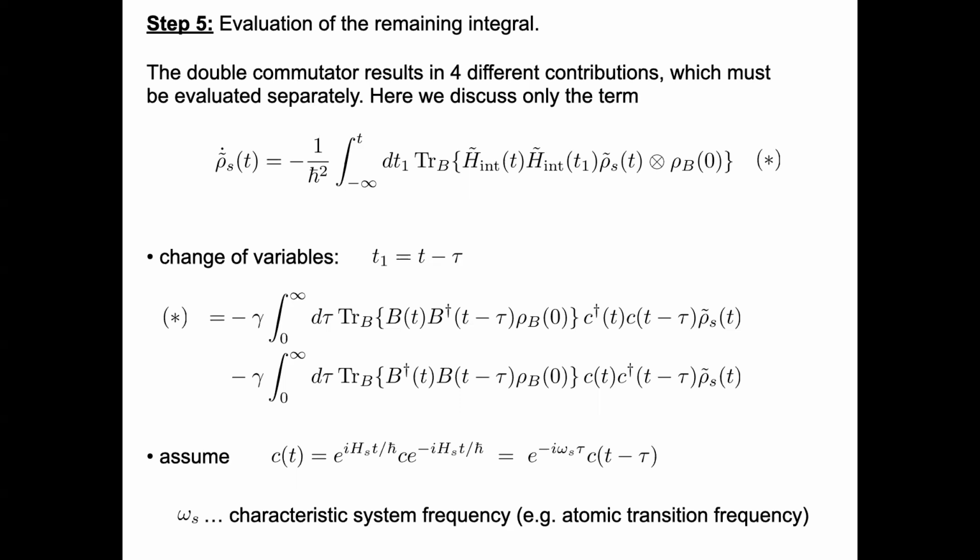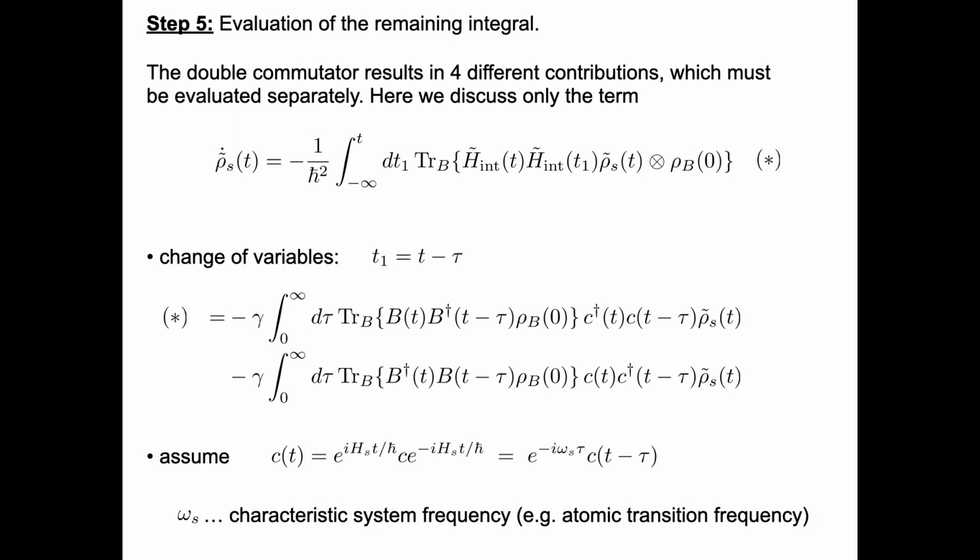This evolves slowly, but these operators, if you think about a sigma minus operator, then the sigma minus of t will actually oscillate with the intrinsic system frequency, for example omega EG. So this is a fast oscillation. If I would neglect this, then I make a mistake here.